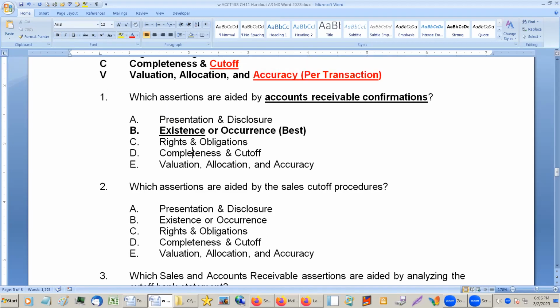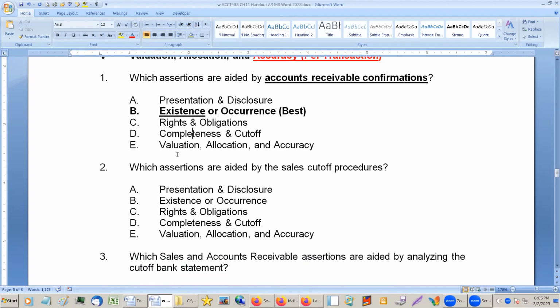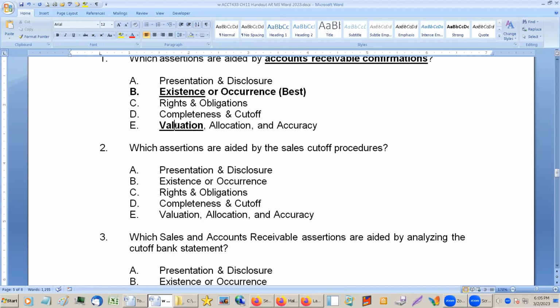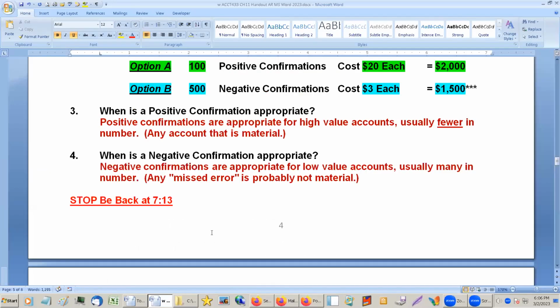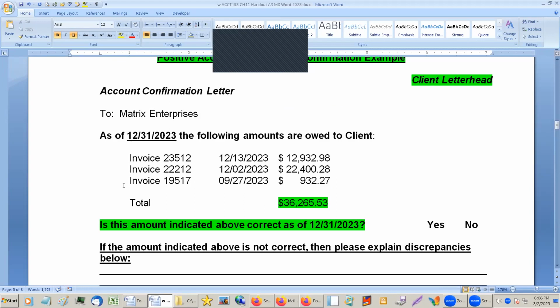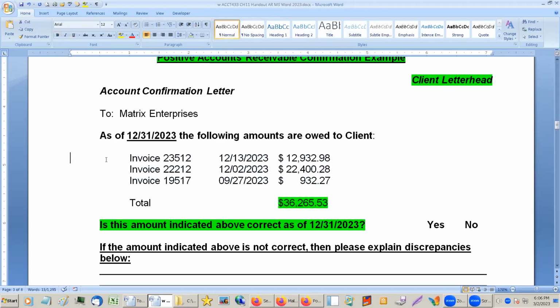Now you might say, well, what about valuation? They send it back and they say whether it's good or bad or whatever. There's two problems with valuations. First thing is, if you send out a confirmation and you leave an invoice off of it, maybe there's another invoice that should have been on this.